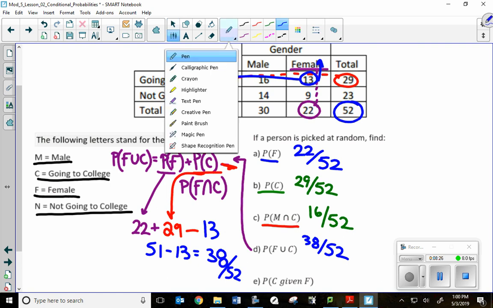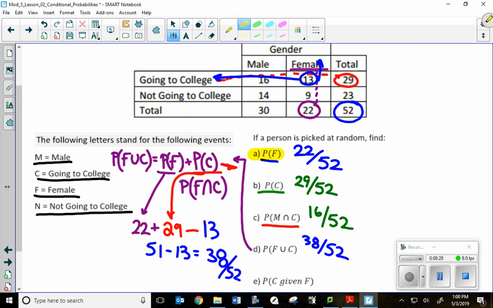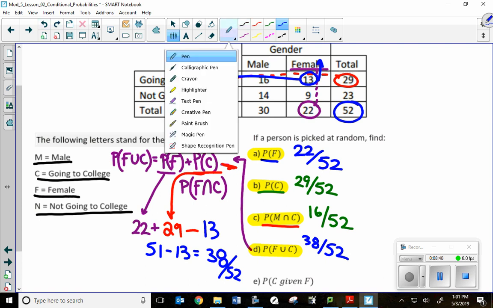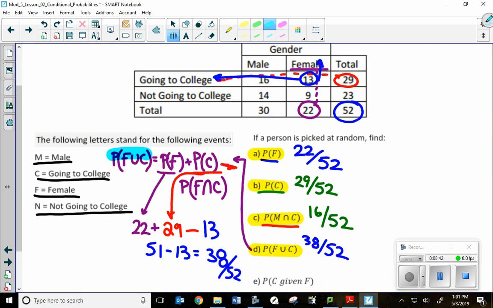So all this stuff right here, review from Unit 5, Lesson 1. If anything might be relevant on the test, you might need to know that the or is this right here. That might come into play.